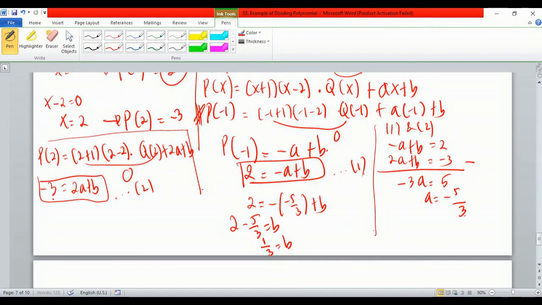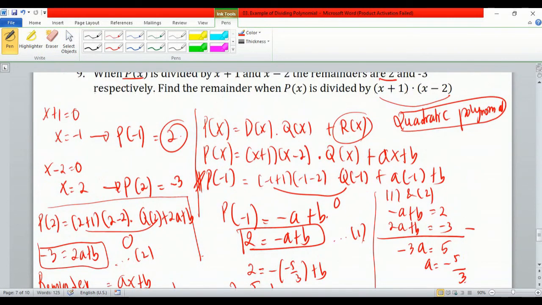Because they're asking about the remainder, since the beginning we're talking about the remainder, the degree is less than the divisor. So this remainder is of the form ax + b. So the a is -5 over 3. The b is 1. Oh, sorry, this one is not a, but it should be x. Okay, so this one is -5 over 3 x + 1 over 3. So this is the remainder.